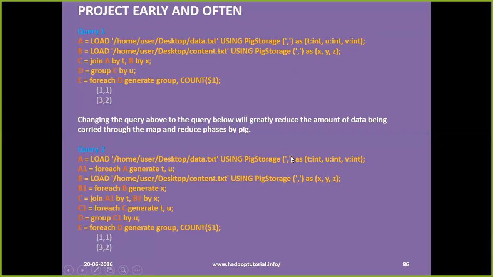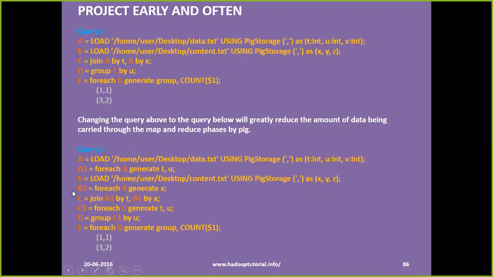I loaded this file as T, U, V. At the time of loading, you should specify all the columns. And then immediately after that, A1 equals foreach A generate only T comma U. I don't want V, so only T comma U is extracted into A1.